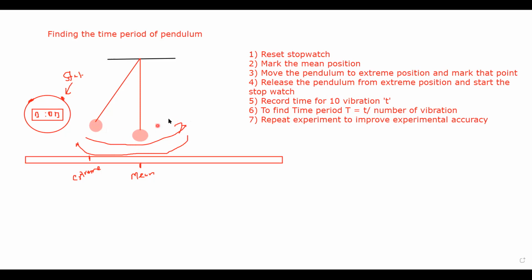This is one vibration, then go and return, second, third, fourth, fifth, sixth, seventh, 8, 9 and 10. So for example, the time for 10 vibrations was 15 seconds, but we need the time period. So the total time which we record is divided by the number of vibrations. Here we took 10 vibrations, so 15 divided by 10 comes out as 1.5 seconds.